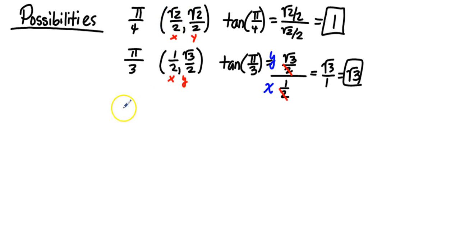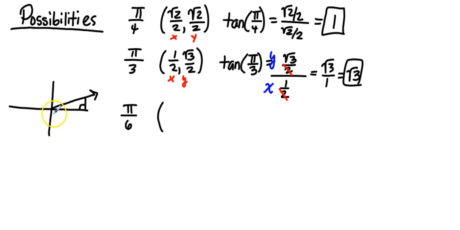Our last possibility would be for 30 degrees, which is pi over 6. Once again, visualize what would be created there. If I were to create that reference triangle, here's my long side, short side.